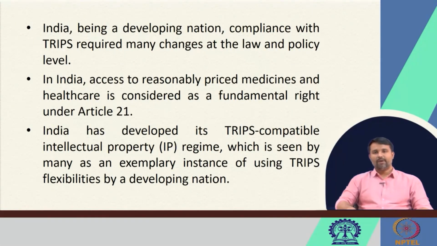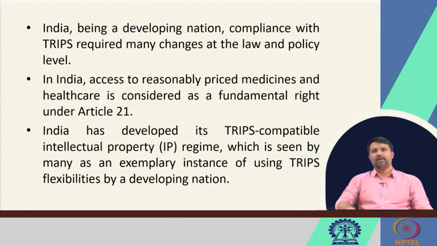India, being a developing nation, compliance with TRIPS required many changes at the law and policy level. In India, access to reasonably priced medicines and healthcare is considered as a fundamental right guaranteed under Article 21 of the Constitution.